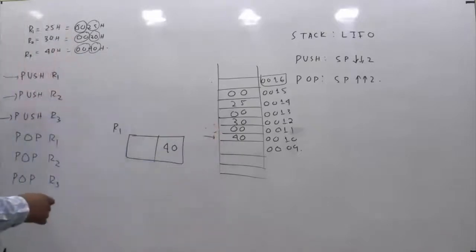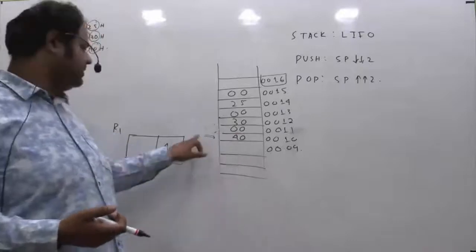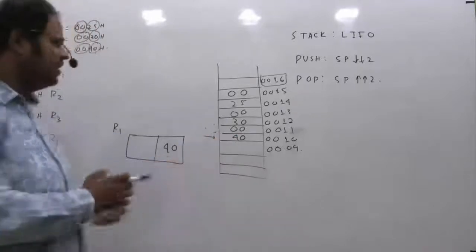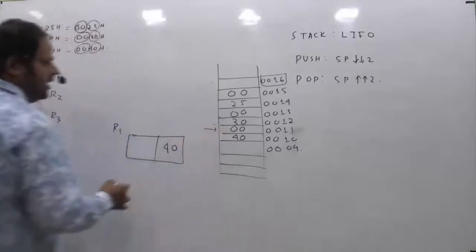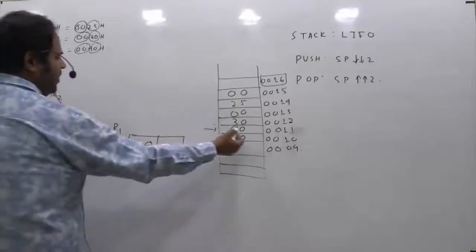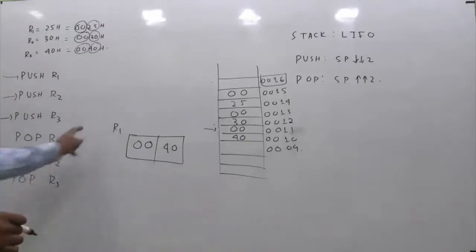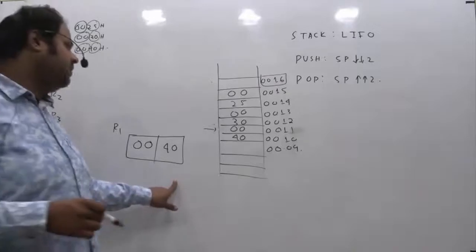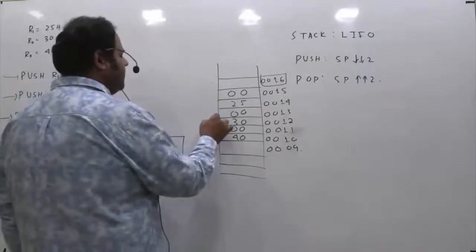When pop R1 is executed, first it copies where it is pointing, which is 40, so 40 will be copied to this, and then the pointer increments by 1. Then it points to 00, and that content is copied into the higher byte of the corresponding register. So after execution of pop R1, the content of R1 will be 0040 and the stack pointer will be pointing to 0012.